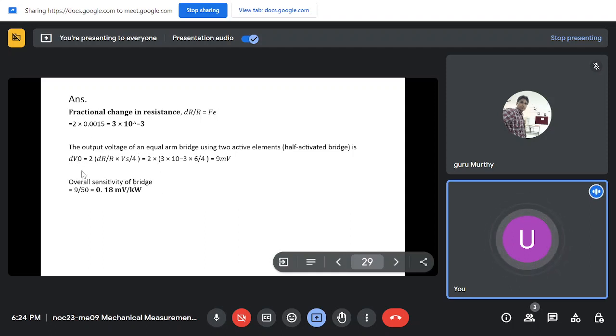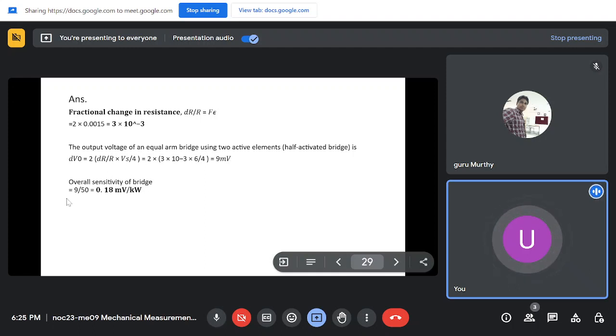We substitute the fractional change in resistance in the equation, and we know the supply voltage is 6. So 2 into 3 into 10 power minus 3 into 6 by 4 will give you 9 millivolts. So the output voltage of the Wheatstone bridge will be 9 millivolts.